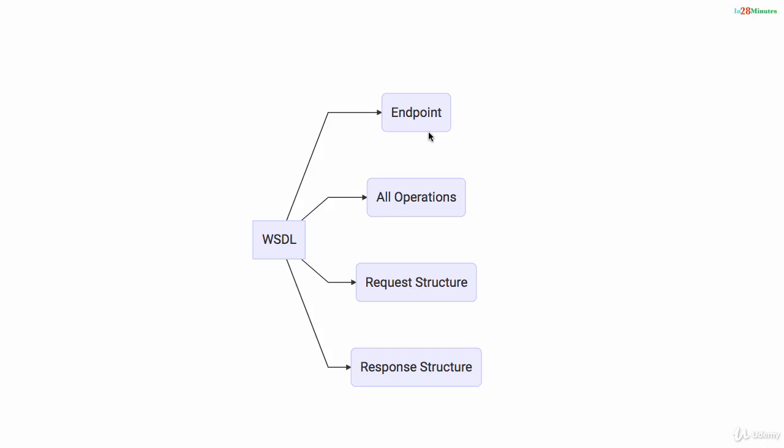So what are all the operations that are allowed? And also it specifies the request and response structure. If I want to get all the details of a course, how do I send a request? If I want to delete a course, how do I send a request? And what kind of response can I expect? WSDL is the service definition for your SOAP services.